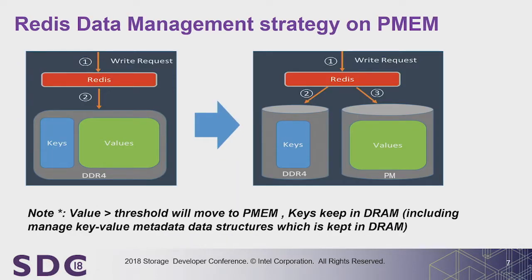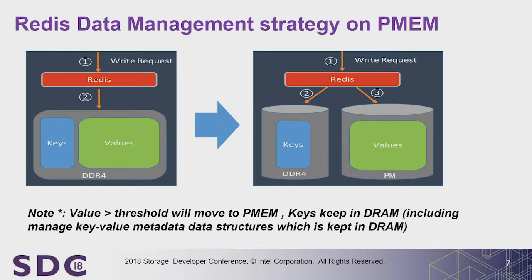All right, so talking about Redis management strategy on PMEM, to keep it very simple, we picked a strategy like this, because there's a performance delta between DRAM, DDR4, and PMEM. So how do we recognize that performance delta, and given the data pattern itself, how do we handle it? We put a simple strategy: when a value is bigger than the threshold we set, or the user can set themselves, it should move to PMEM.